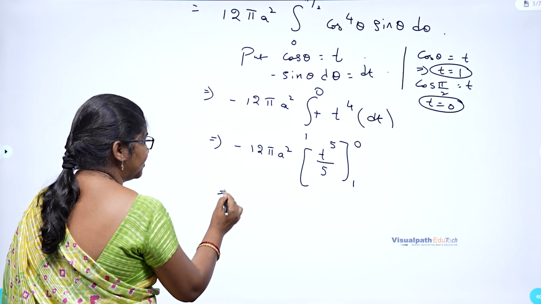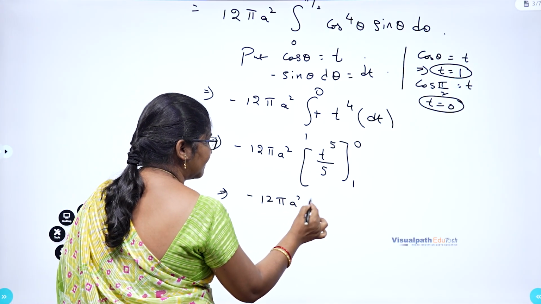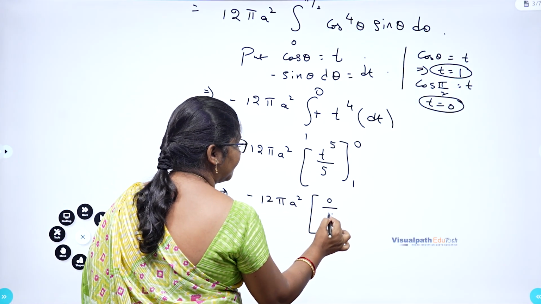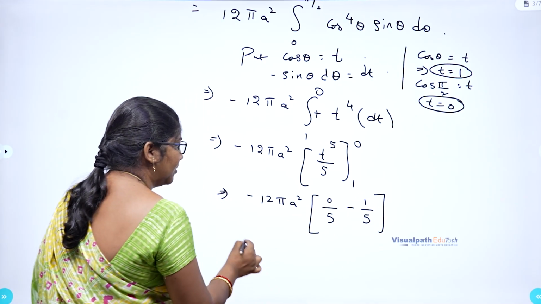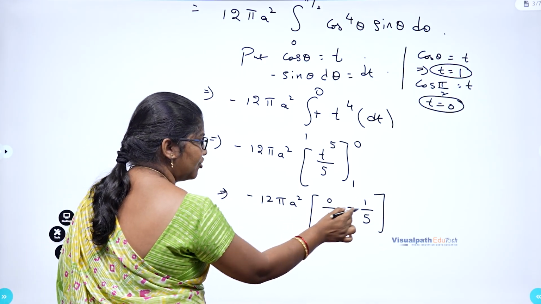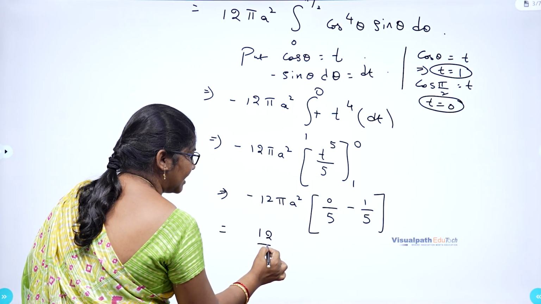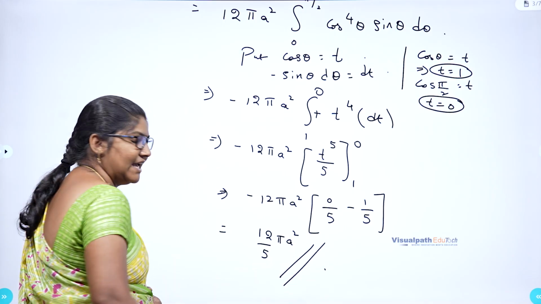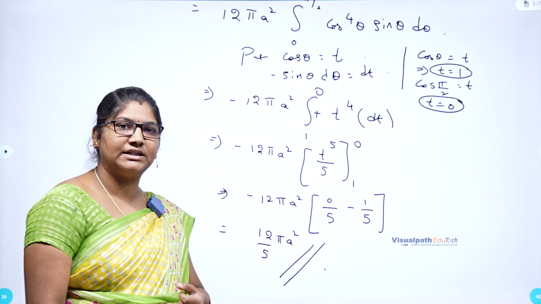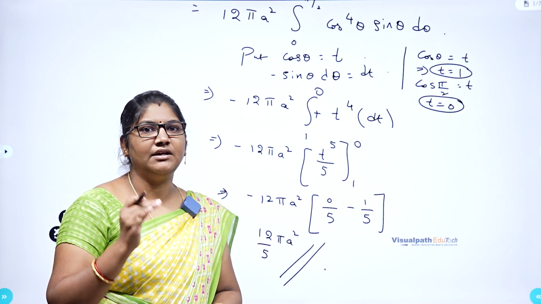Now, substituting the limit, upper limit minus lower limit, 12πa², 0/5 minus 1⁵/5. This is 0 minus 1/5, minus into minus plus, 12/5 πa² is the area of the surface of revolution of the given curve.